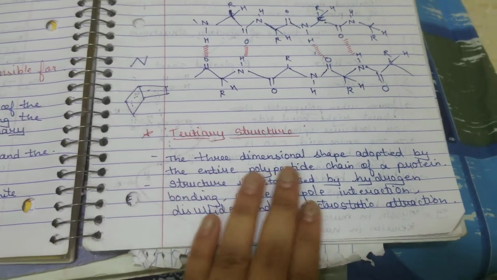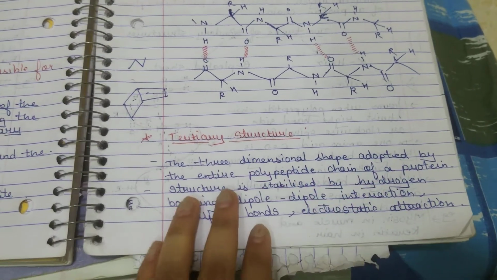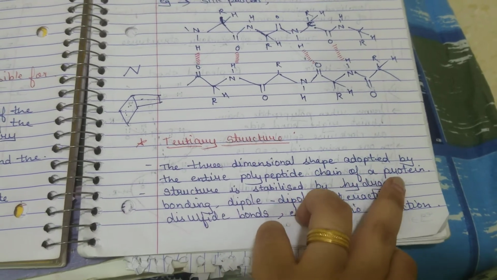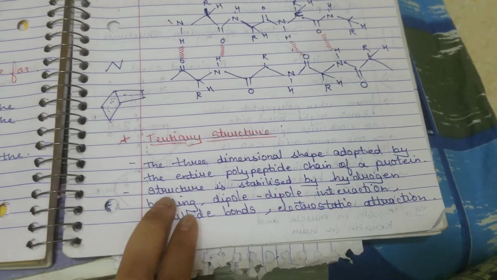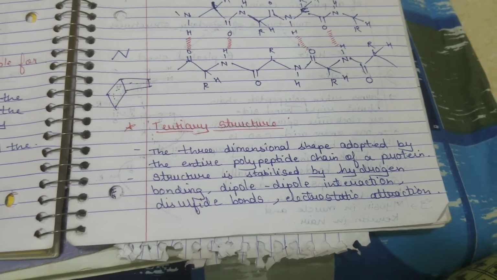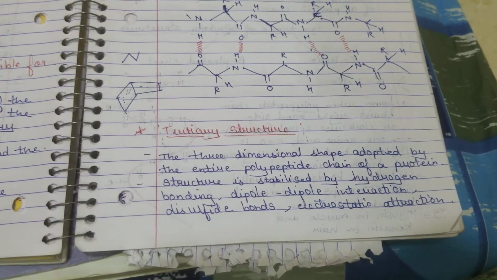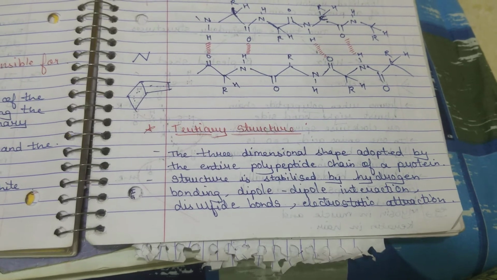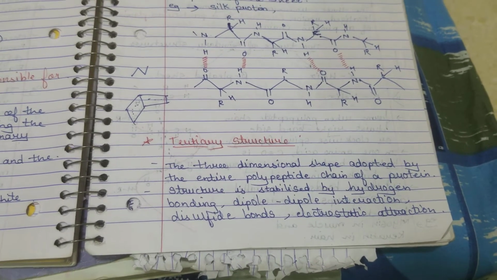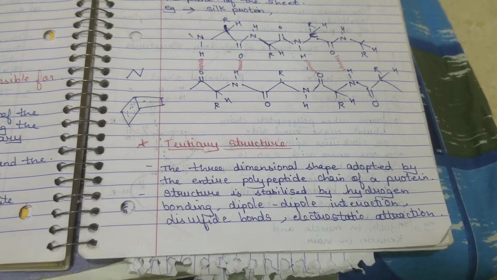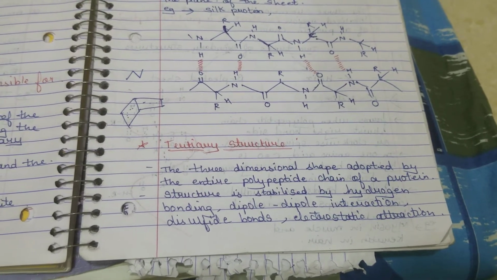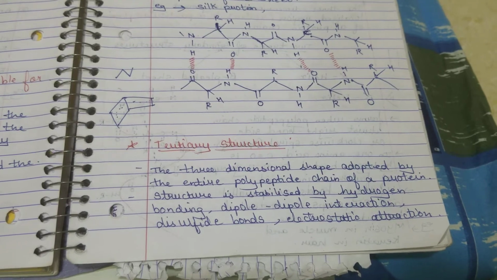Here the three-dimensional shape adopted by the entire polypeptide chain of a protein structure is stabilized by hydrogen bonding. So hydrogen bonds are formed, and dipole-dipole interaction is there. Dipole-dipole interaction means two charges should be there, that is plus and minus. Then disulfide bonds are there, that is, a bond will be formed between two sulfur atoms, and electrostatic attraction.